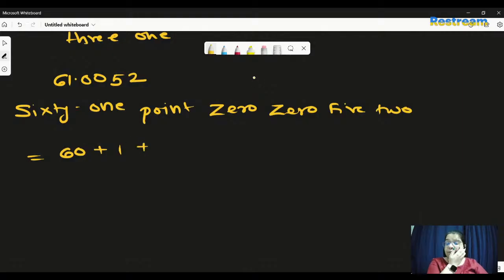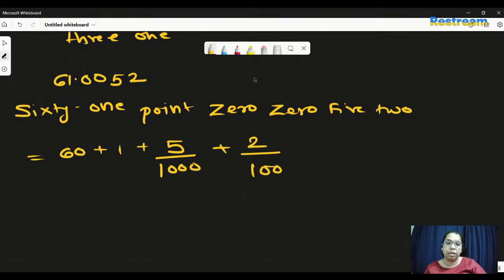Now 5 is at the thousands place. So 5 over 1000 plus 2 over 10,000. And how will you write this in fraction form? It's 61, 52 over 10,000. Okay, so this is how it works.